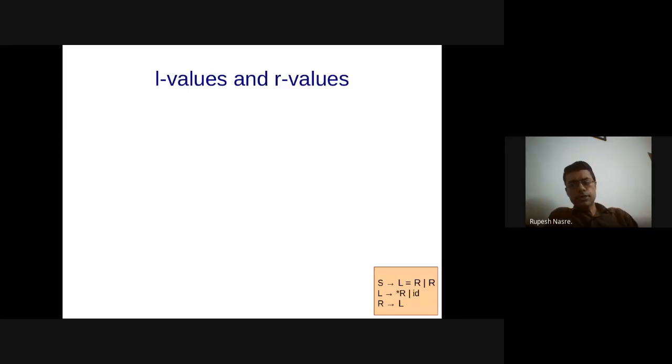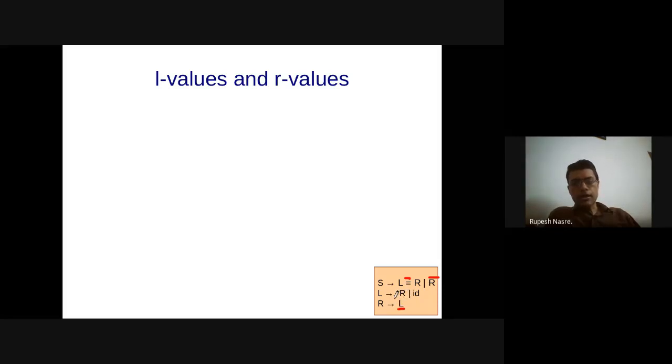So does that seem reasonable that follow of S, L, R, all of these should contain equal to and dollar? The reason being that follow of S definitely contains dollar, but follow of S will also contain follow of R, which is also follow of L. And therefore all of these are essentially going to merge in some sense. So follow of L is equal to and follow of R, right?